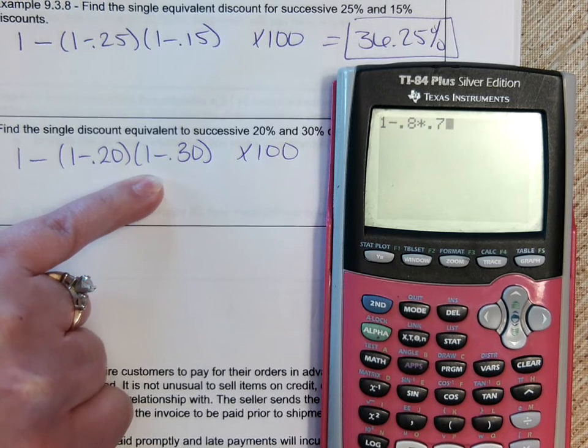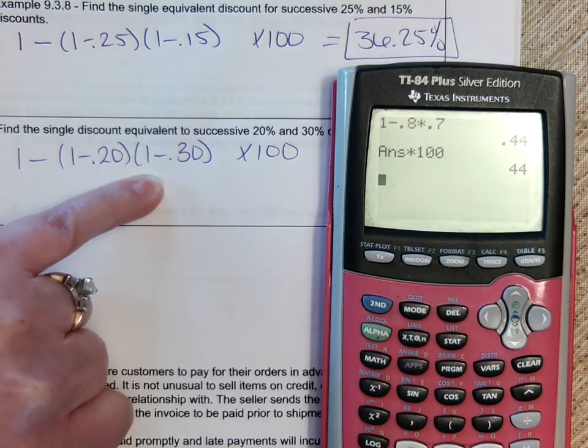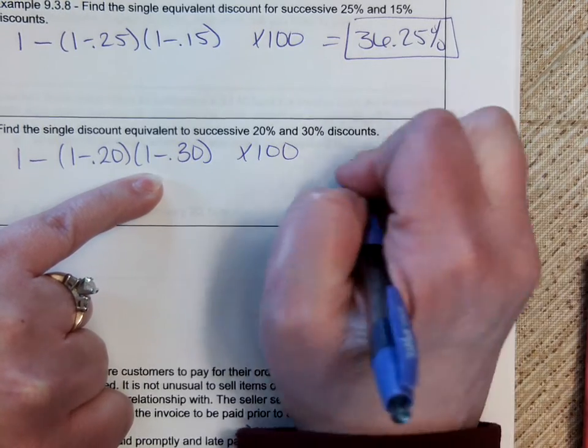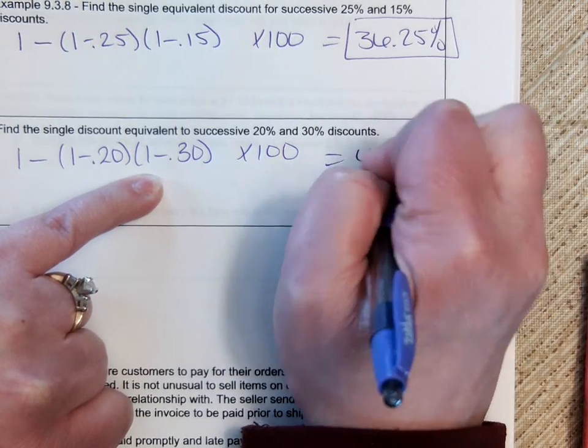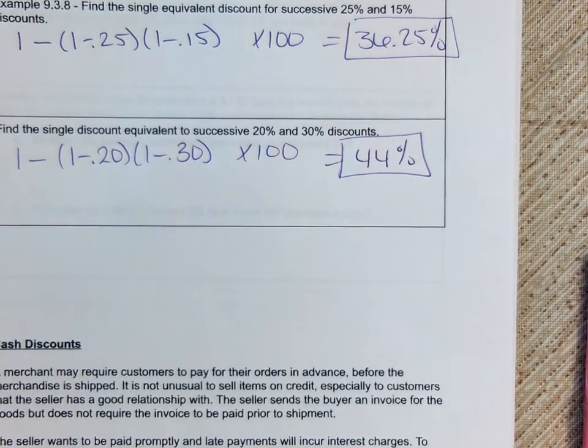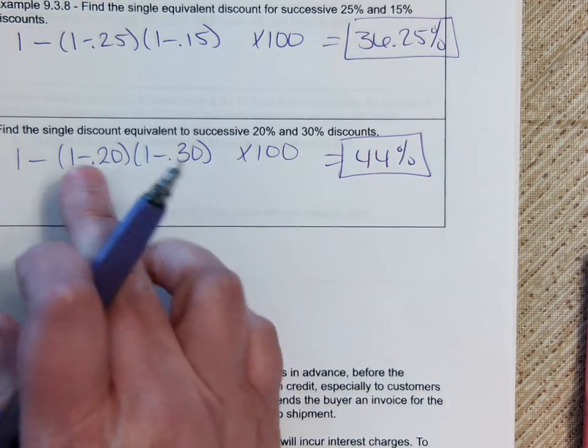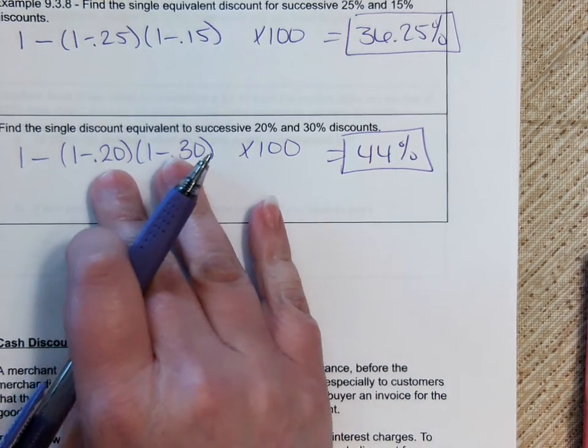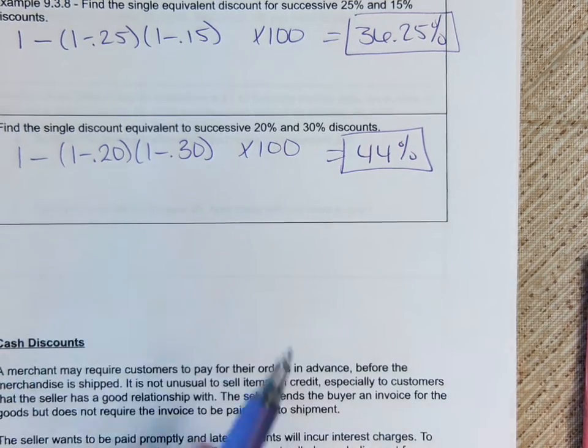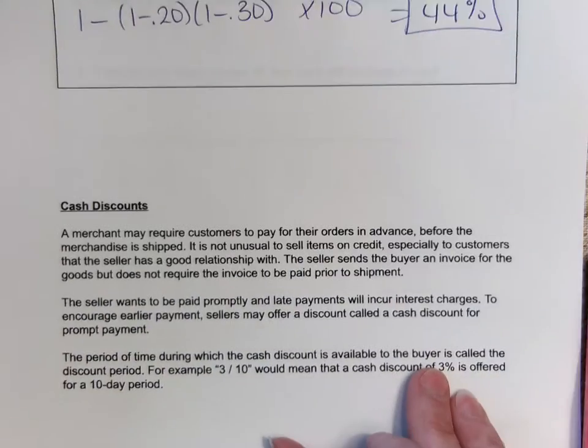Okay, so there's those. Times by 100 is going to be 44%. And that's how you do it. So you can either plug that whole thing in, or if you want to do those subtractions while plugging it in, go right ahead. It's your choice.